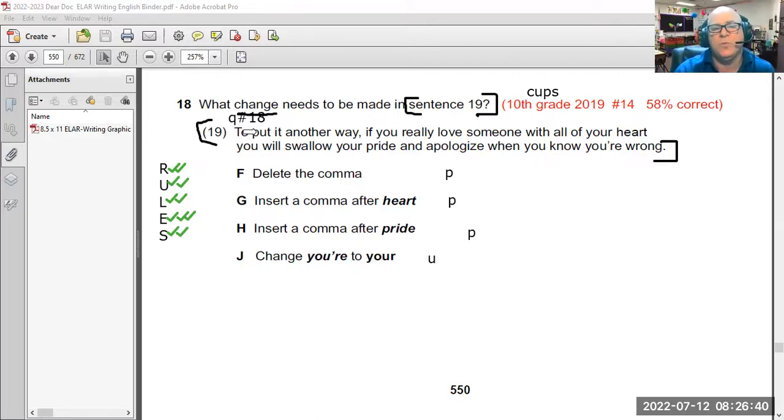Capital. To put it another way, comma, and I'll go ahead and draw my circles around the comma and my periods around the stop signs, because that's our fat guide.